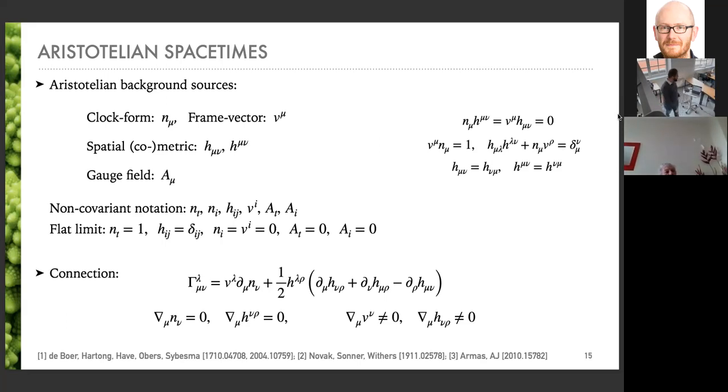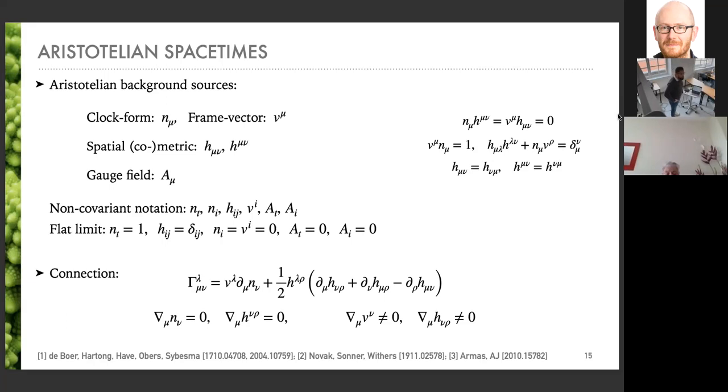It has a zero eigenvalue, so it cannot be inverted. Then you have the usual U(1) gauge field, and the objects in the first two have these completeness relations, which essentially tell you that at the end of the day, the independent degrees of freedom are just these. And the flat limit is defined as n_t is 1, h_ij is the Kronecker delta, and everything else is the usual kind of thing.